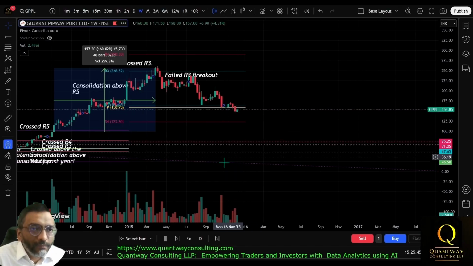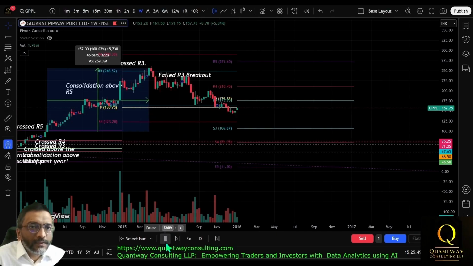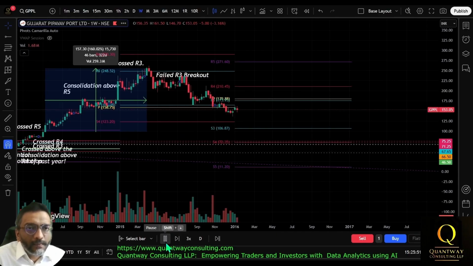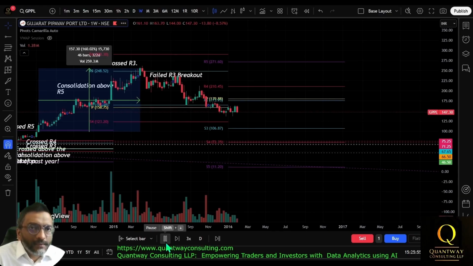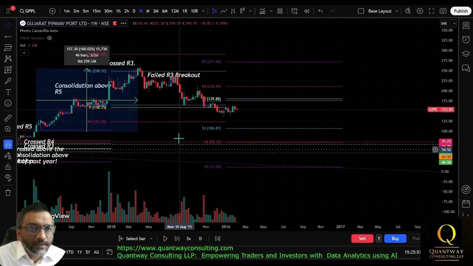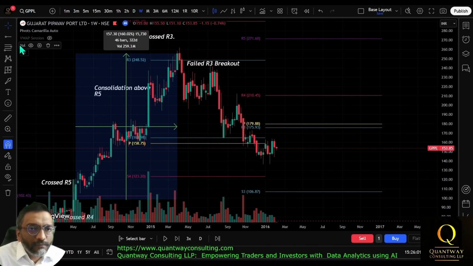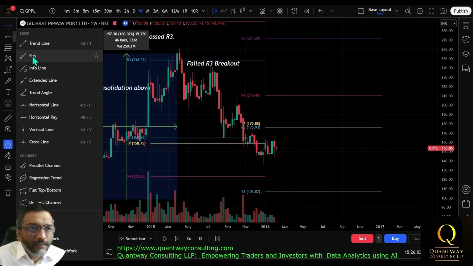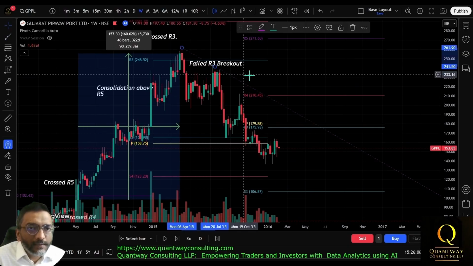It's consolidating around pivot, and the stock is clearly in a downtrend right now. It might hit S3 levels in this year. Now let's pause it for a while and see how much the stock has lost from the high levels.